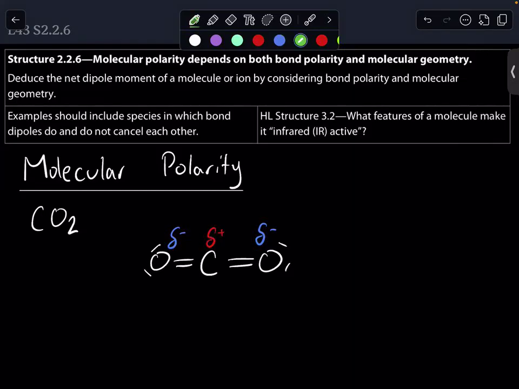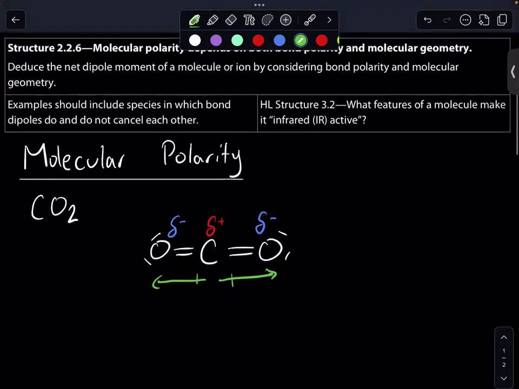If we are to draw the bond dipoles, we notice two equal length dipoles going from carbon towards the oxygen. So this is our molecule CO2. We have two partially negative ends and a partially positive end.